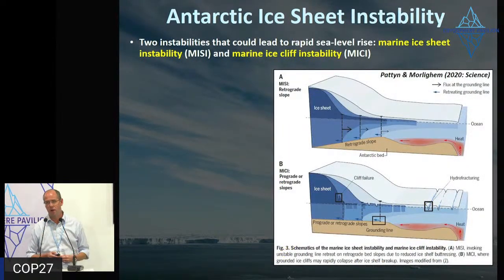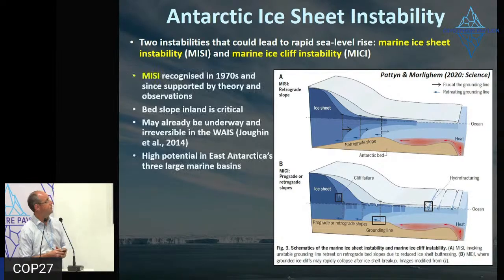Why do we need to keep an eye on them? Because these marine-based sectors are potentially vulnerable to two important instabilities. The first of those is the marine ice sheet instability, which you can see in the top cartoon there. And we've known about this since the 1970s, when it was first proposed that this situation in an ice sheet could lead to quite high rates of mass loss.